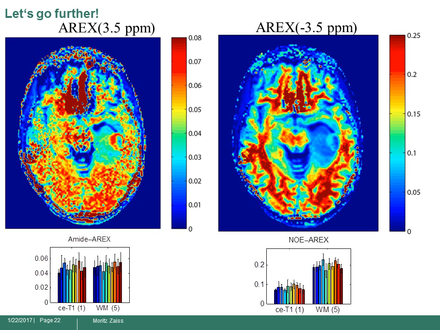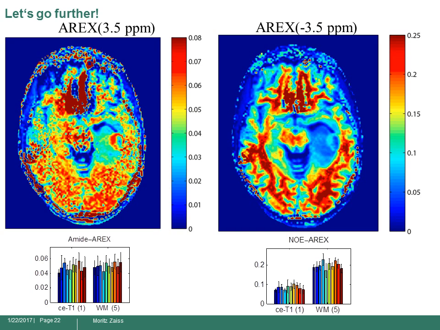At the same time, the nuclear Overhauser contrast is very much decreased in the tumors, so you really see that this correlates with T1, but also all around the tumor area or the gadolinium enhancement, you see a lower NOE effect.